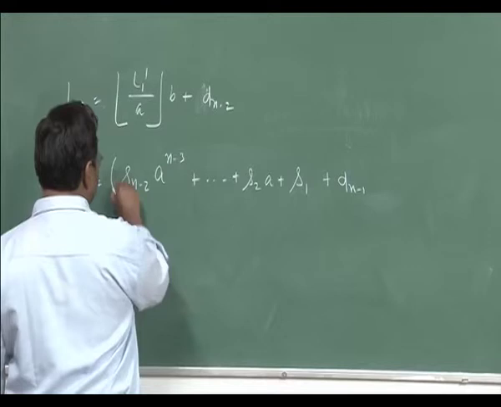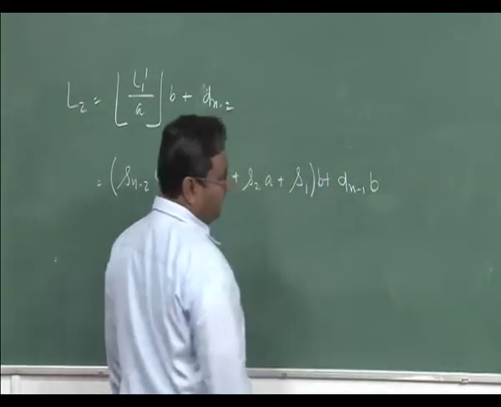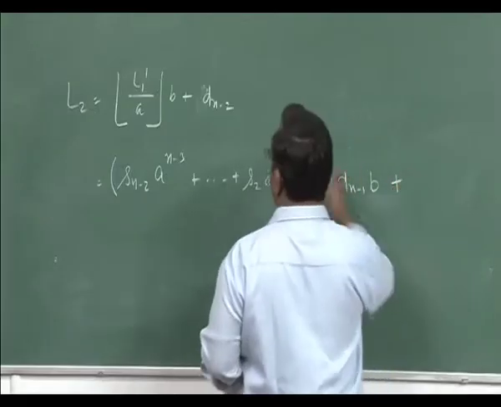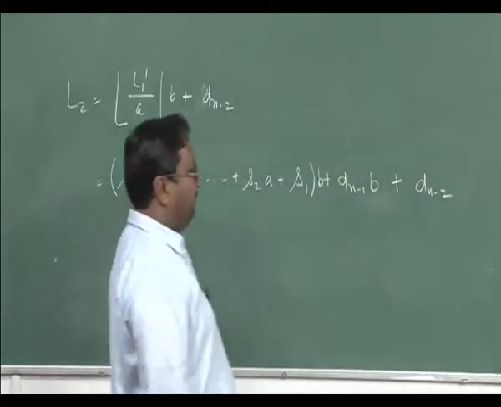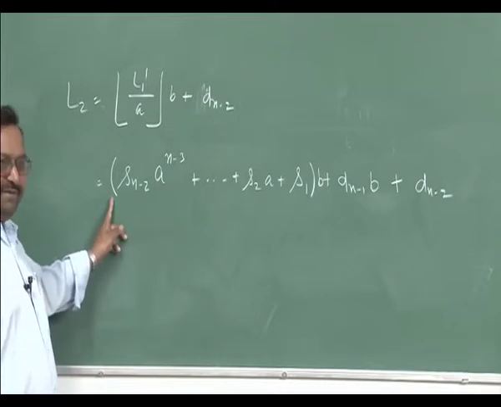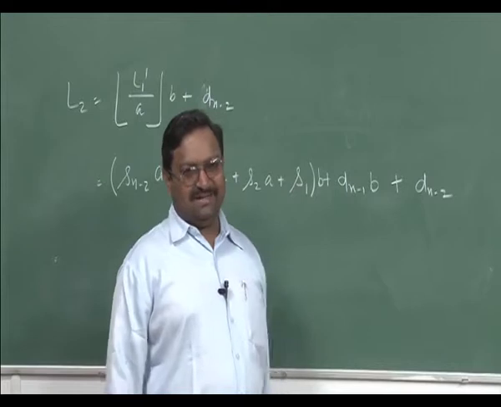So I can just multiply this thing by b, and of course this dn minus 2 will come. So remember that one term is being removed here, another term getting added here, that is what is happening now at every stage.